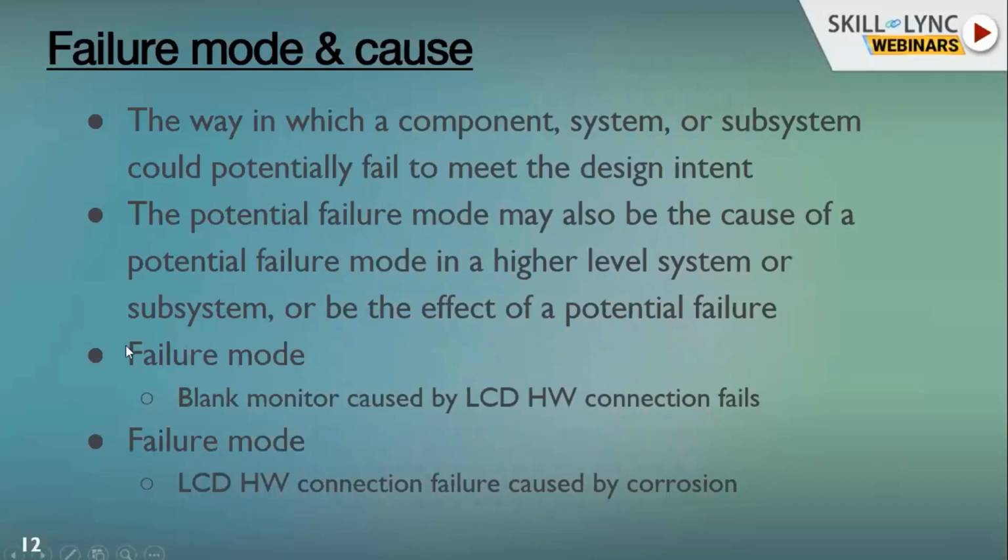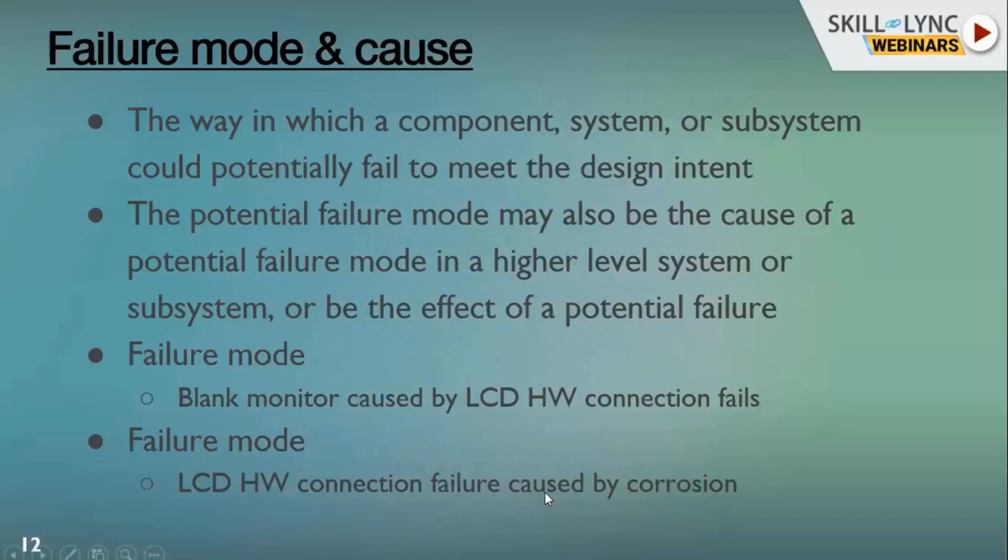Here is an example. In this case, a blank monitor is caused by the LCD hardware connection failure. So the LCD hardware connection failure is the cause for this blank monitor. But now this hardware connection failure can be caused by corrosion.